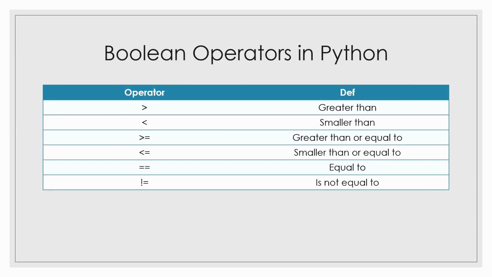Here is a list of all the 6 Boolean operators: greater than, smaller than, greater than or equal to, smaller than or equal to, double equal to signs, which just means equal to, and an exclamation sign with an equal sign, which means is not equal to.